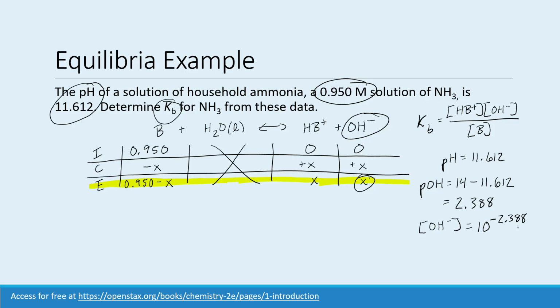Okay, again, 3 decimal places in the pOH value means that we want at least 3 sig figs when we calculate that hydroxide ion concentration, but we're going to keep a 4th until we're done. And so the hydroxide ion concentration is equal to 0.00409.